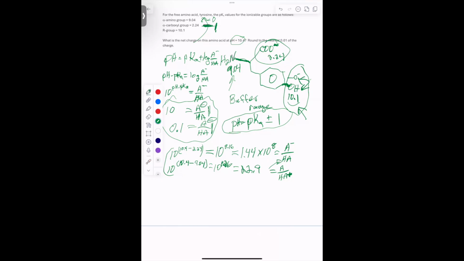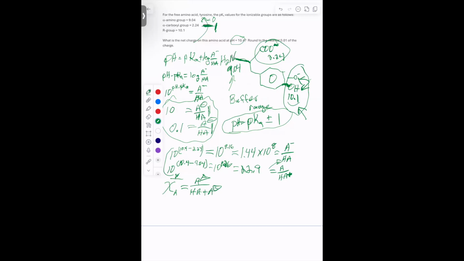Okay, so just as a reminder, a mole fraction is abbreviated this way, X. It's like I think it's capital Chi, if I remember correctly. So we want to know for tyrosine, we want to be able to calculate what fraction is negatively charged.